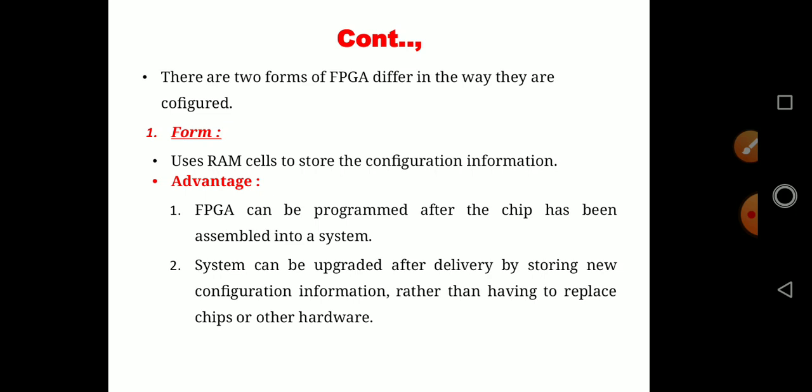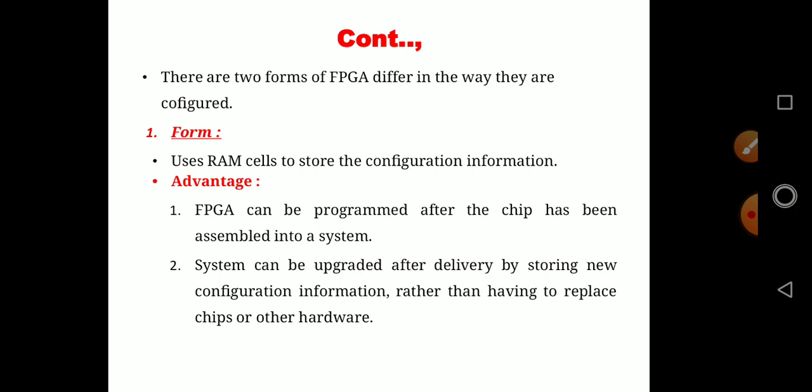So what is the advantage of this form? The FPGA can be programmed after the chip has been assembled into the system. The RAM cells are usually programmed here, so the FPGA can be programmed even when the chip is assembled in the system.